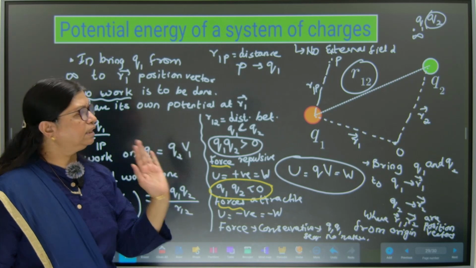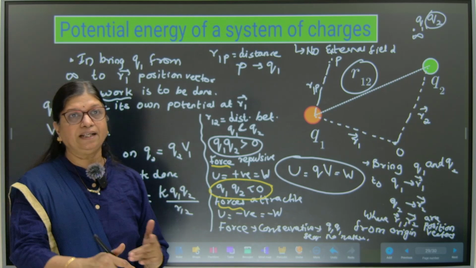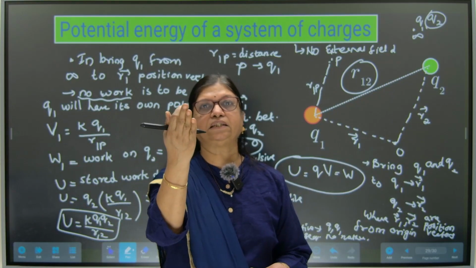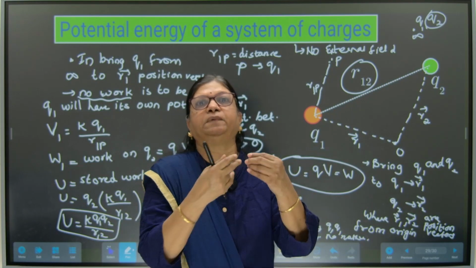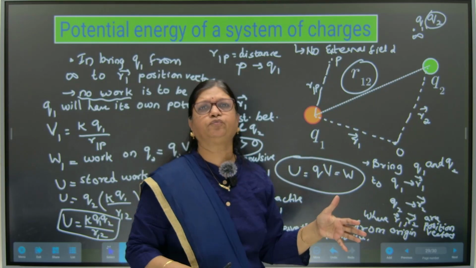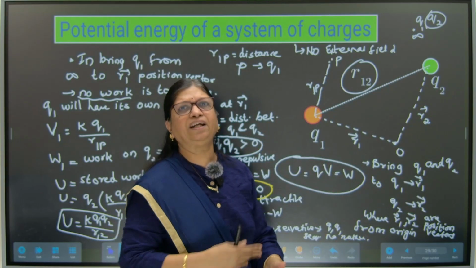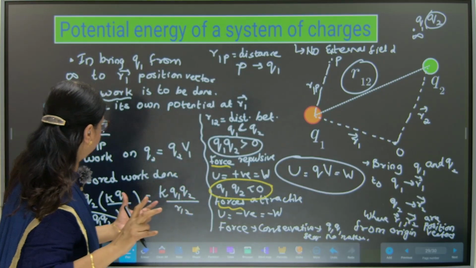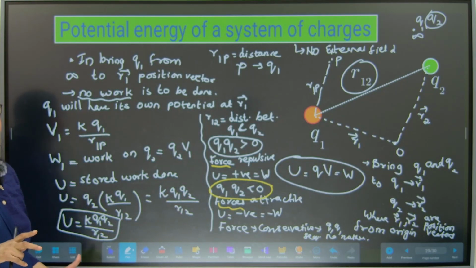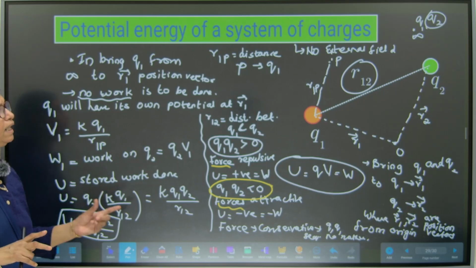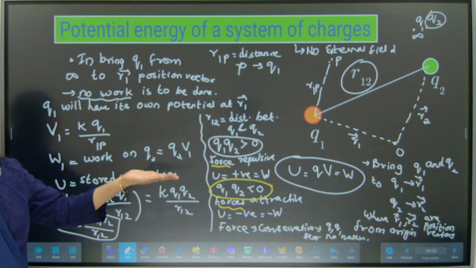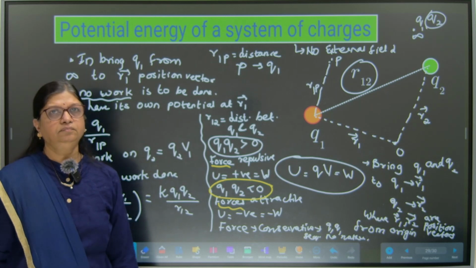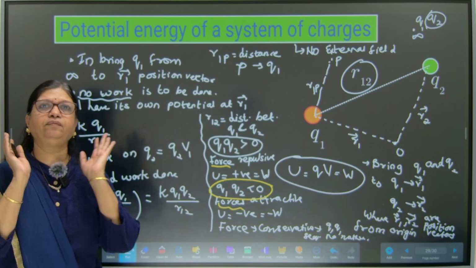Okay? So, just understand this procedure. Then the other procedure of bringing 3 charges instead of 2 charges will become easier. Then we don't have to follow all these steps. We can directly write. We know that the potential energy for a system of 2 charges is this much, for the line joining Q1 and Q2. So we just have to add them up. That's it. By superposition. Okay. Algebraically we have to add them.